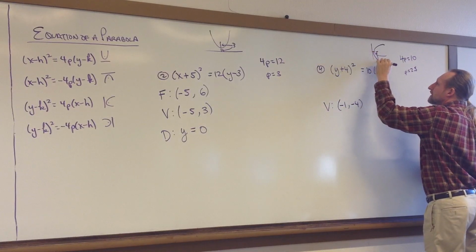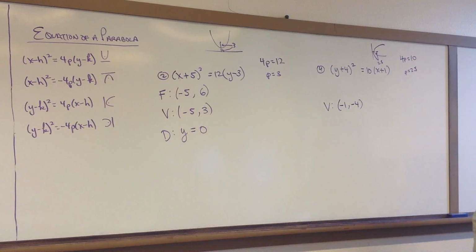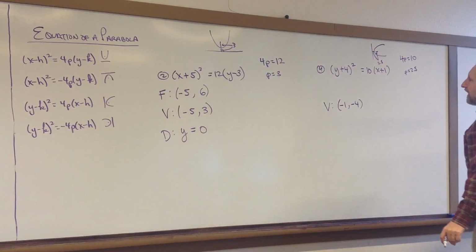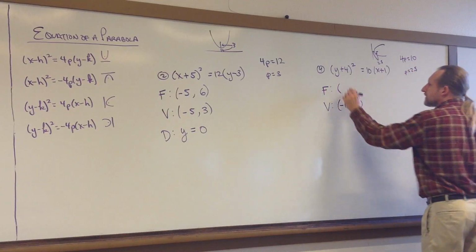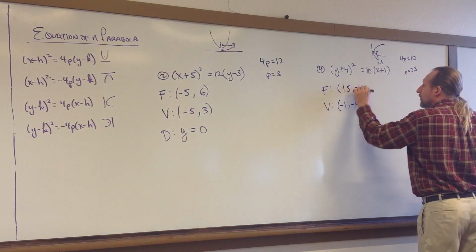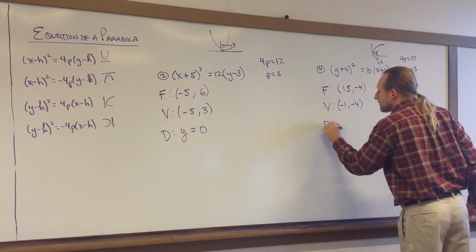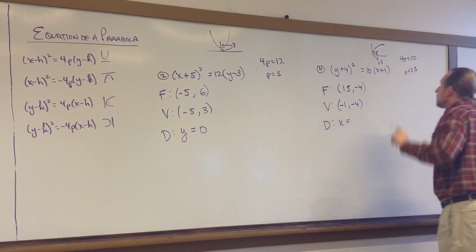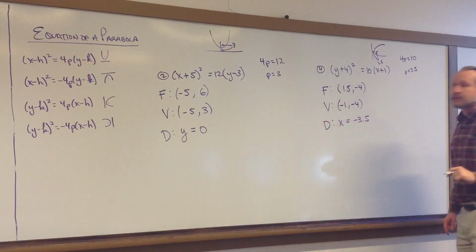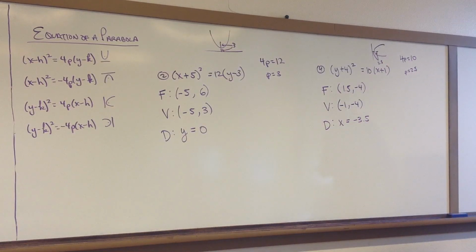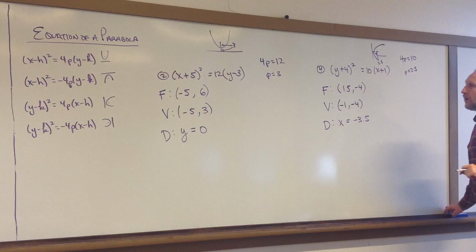Each of those distances is 2.5. So 2.5 places to the right of the vertex is going to be x = 1.5, and the y-coordinate stays the same. The directrix is the vertical line 2.5 places to the left of the vertex, x = -3.5.